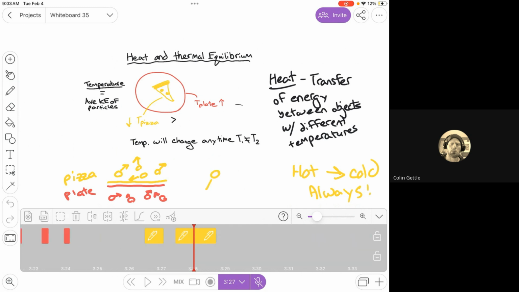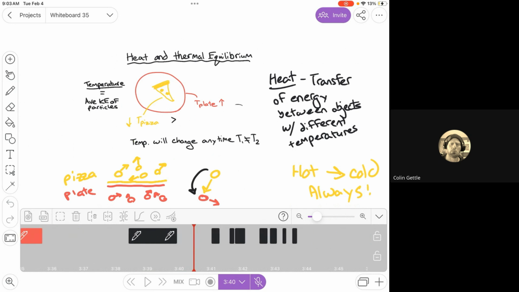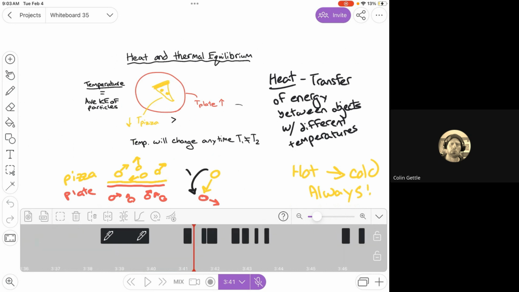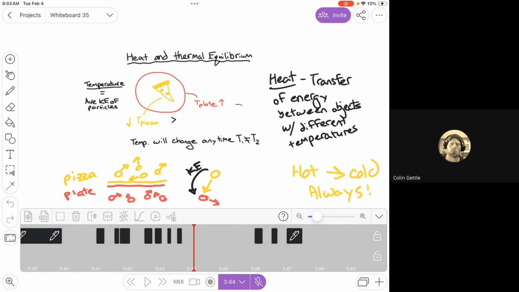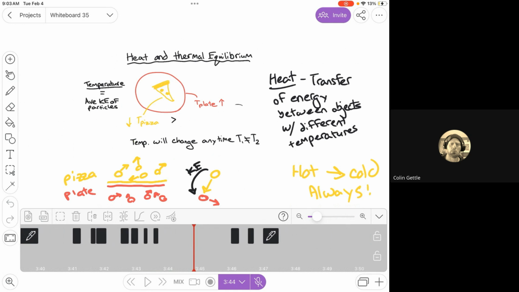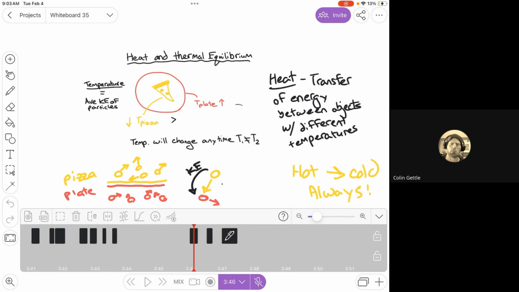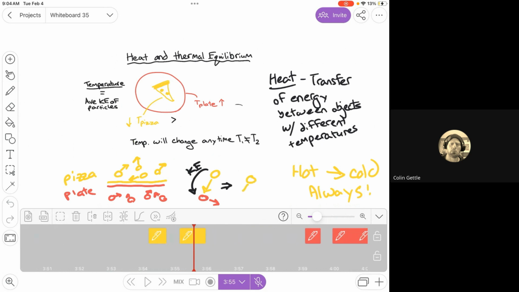If you look at one particle from the pizza with its longer arrow because it has more kinetic energy, and it collides with the particle from the plate, it's going to transfer some of its kinetic energy into the particle from the plate. So this is why energy always transfers from hot objects to cold objects. Now the particle in the plate has more kinetic energy, or a higher temperature, and the particle in the pizza has less kinetic energy, or a cooler temperature. So it's going to slow down while the particle in the plate is going to speed up just a little.